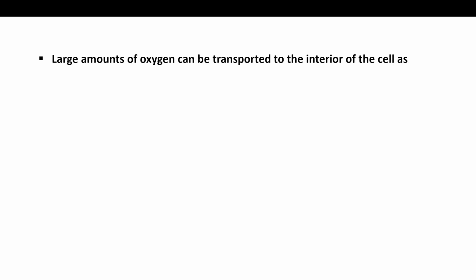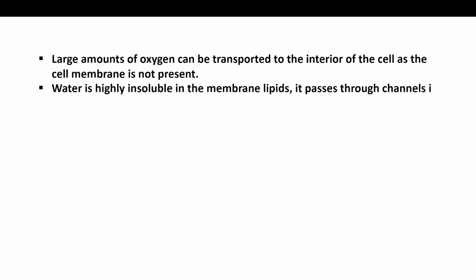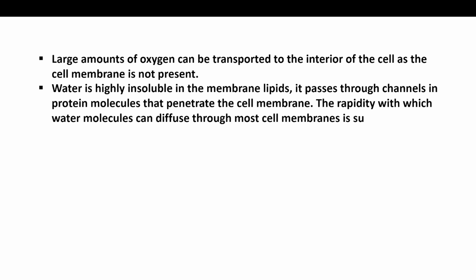Large amounts of oxygen can be transported to the interior of the cell through the lipid of the cell membrane. Water is highly insoluble in the membrane lipids. It passes through channels in protein molecules that penetrate the cell membrane. The rapidity with which water molecules can diffuse through most cell membranes is surprising.